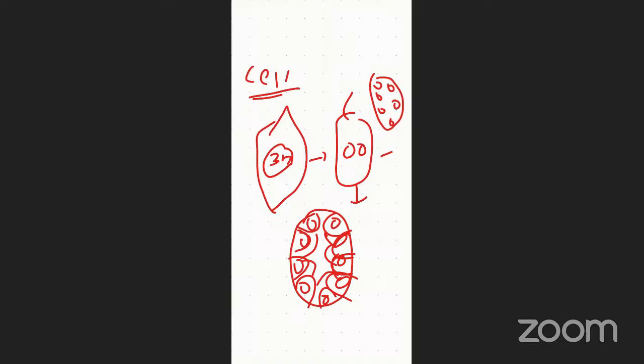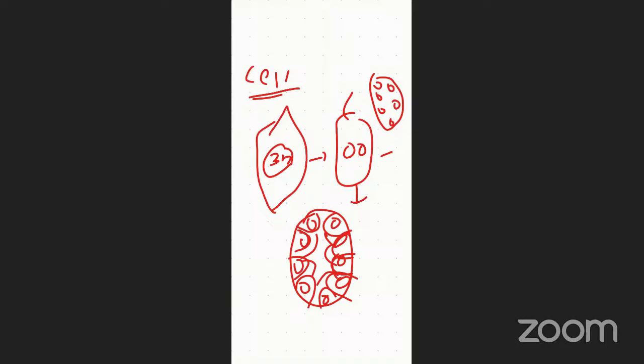In the tender coconut, what do you drink? Water, right? So the water is the free nuclear endosperm. When it is matured, the matured coconut we offer to God.